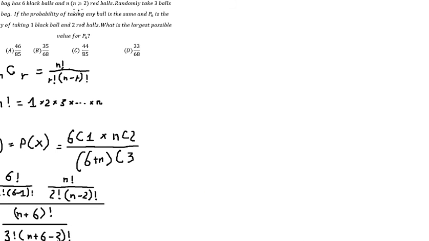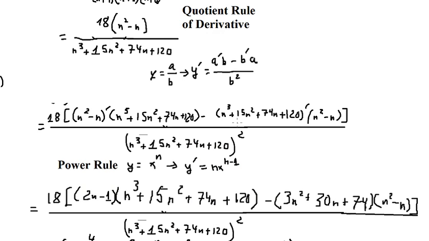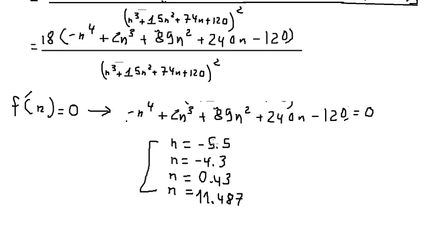However, in the question n is greater than or equal to 2. So we need to recheck this one, and this one. So we just have only this one. So the closest to this number in here is n equals 11.